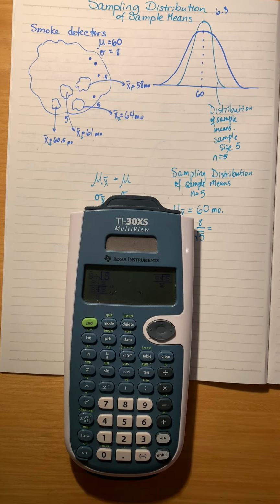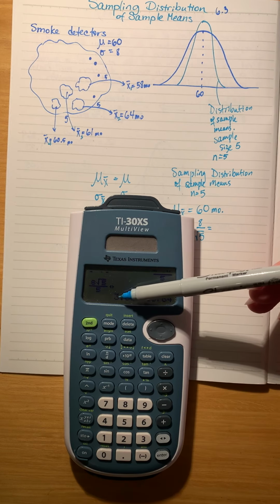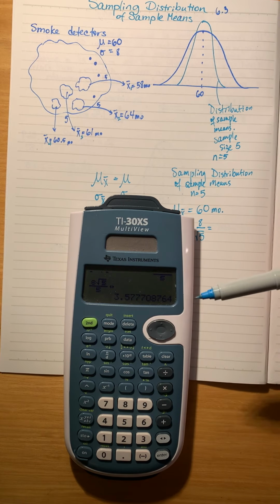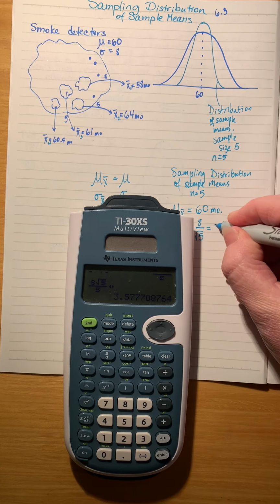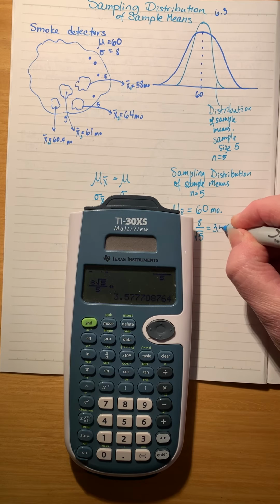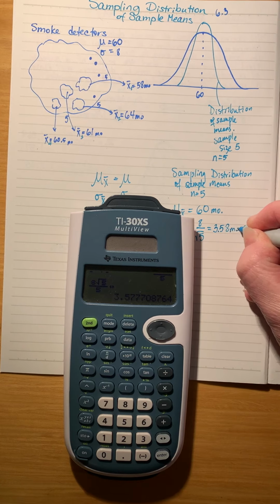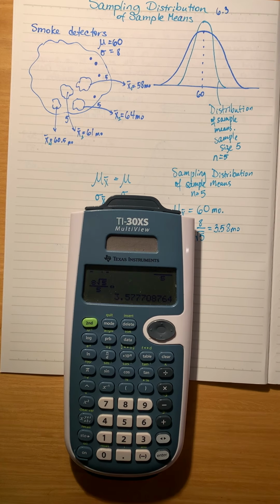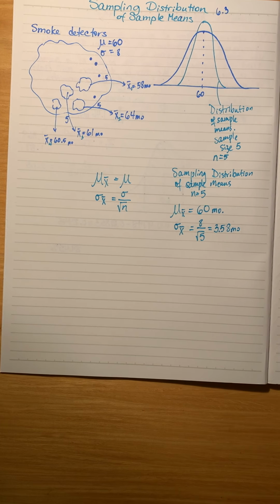You have this button right above the enter that transforms it. And we can see that the standard deviation is going to be about 3.5777. We can round that to about 3.58 months.